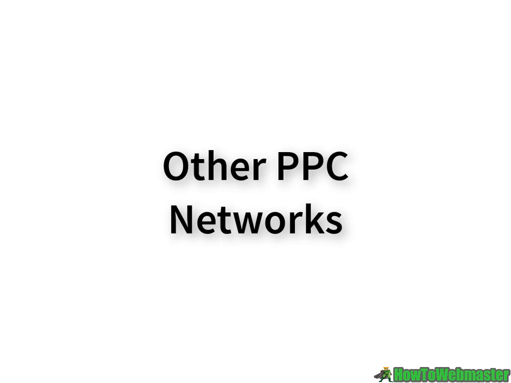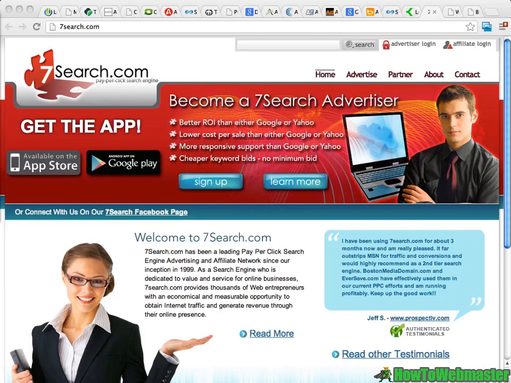And there are also a few other PPC advertising platforms. The first one we'll talk about here is going to be 7Search. Now, 7Search is popular with a lot of marketers. They do offer generally better return on investment than Google or Bing. They're also going to have better prices. They're definitely going to have less traffic though, so that's something you need to keep in mind.